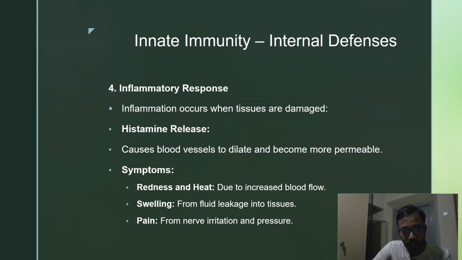Mast cells release histamine, causing the nearby blood vessels to dilate, and ultimately they become more permeable. So the permeability of blood vessels increases. In the blood there are many types of white blood cells, mainly neutrophils, which can act as phagocytes. More and more neutrophils can get recruited to the site of inflammation after the release of histamine and when blood vessels get dilated.